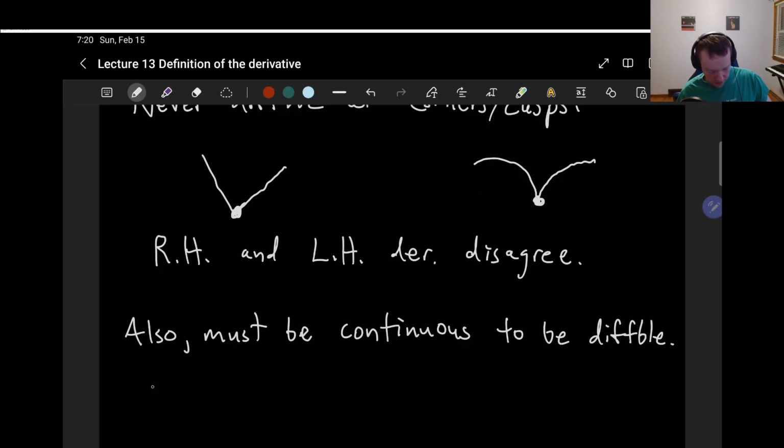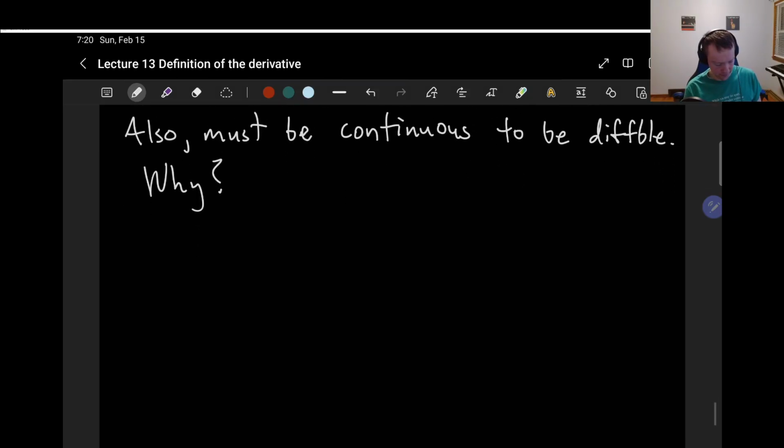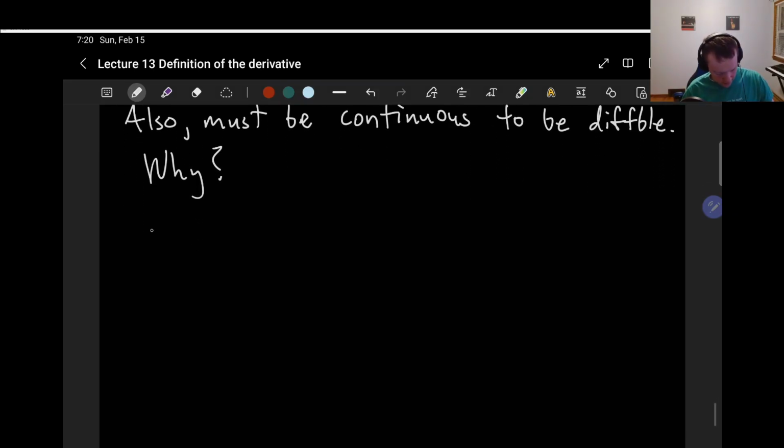All right, now the question is why? Why must we be continuous to be differentiable? Well, I'm not going to give an absolute proof, but a solid example.